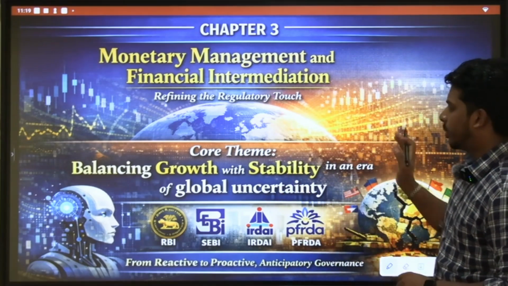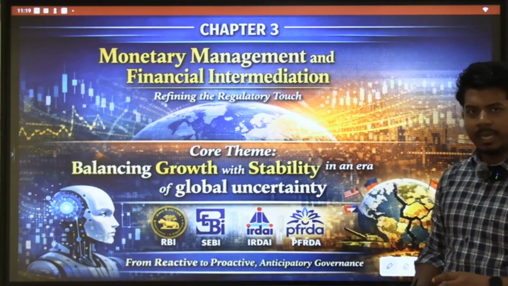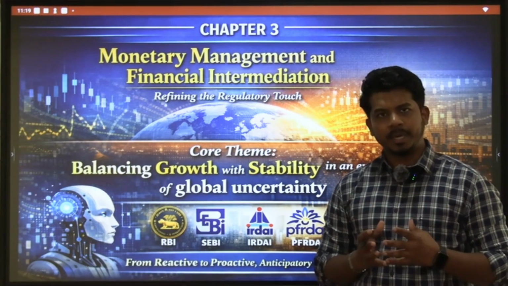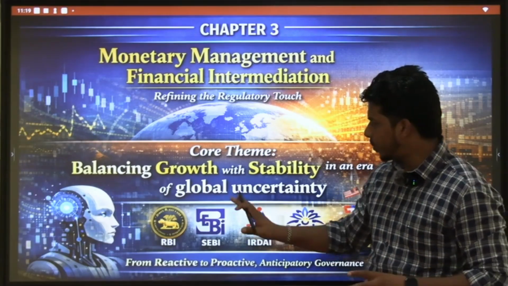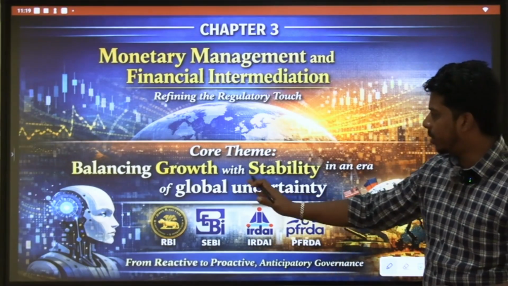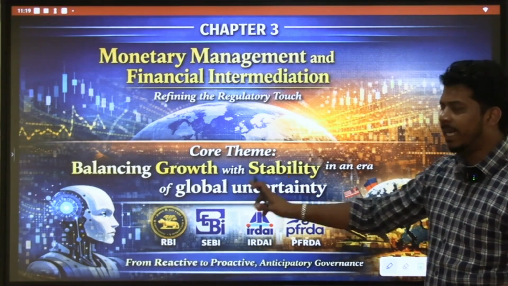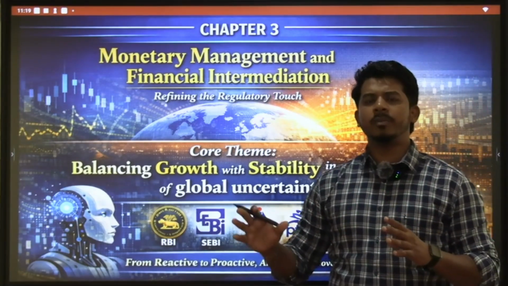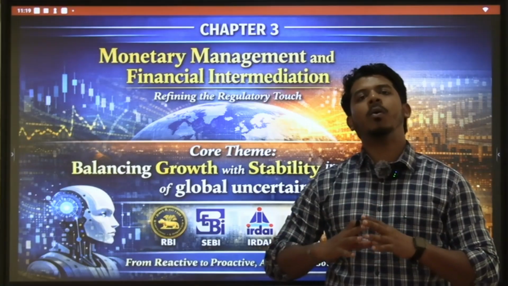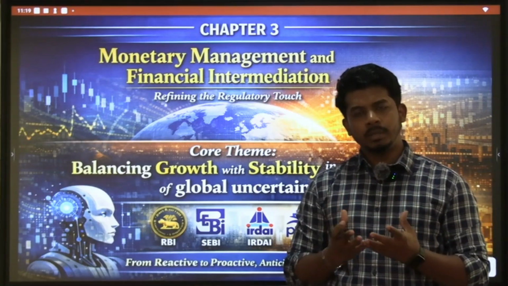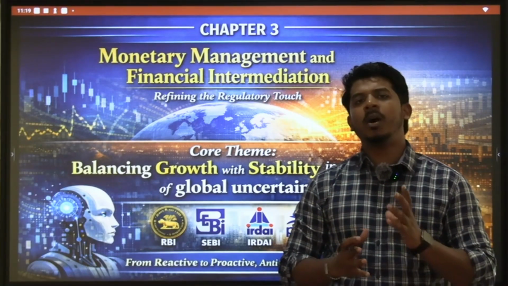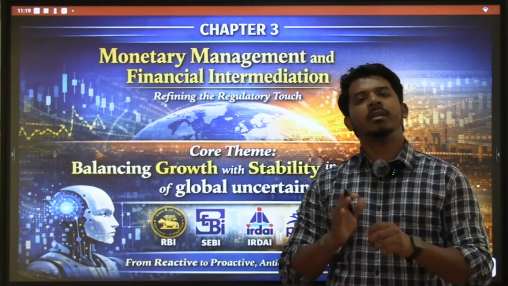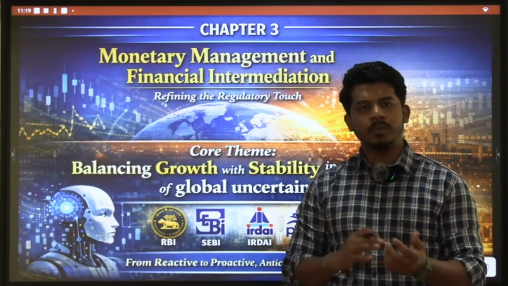See the theme. Like every chapter, if I have to summarize the entire chapter into one sentence, this will be it: balancing growth with stability in an era of global uncertainty. Throughout the economic survey, we are talking about how uncertain, unpredictable and unsafe the world is and how India is navigating the situation. In every chapter we are seeing the same, just the dimensions are changing.